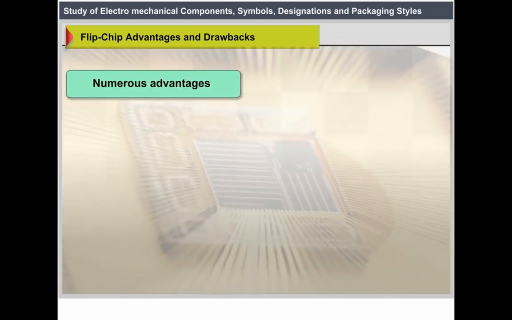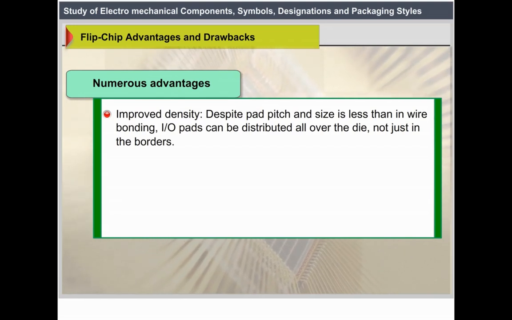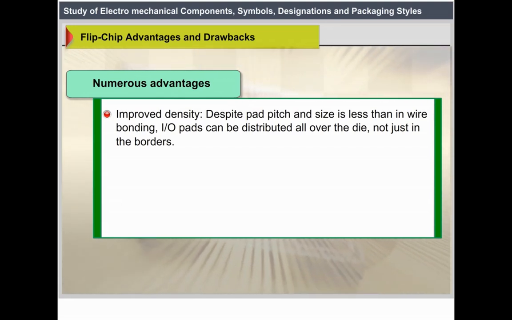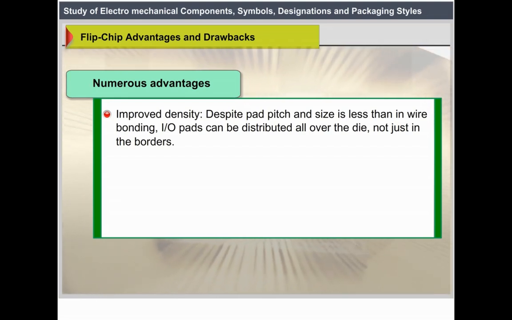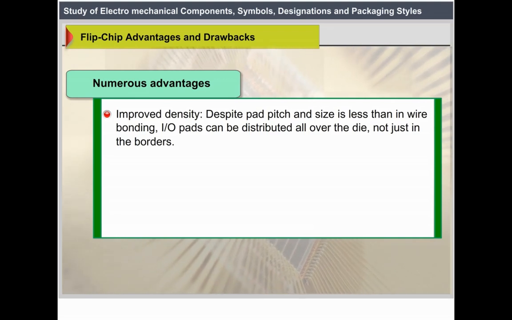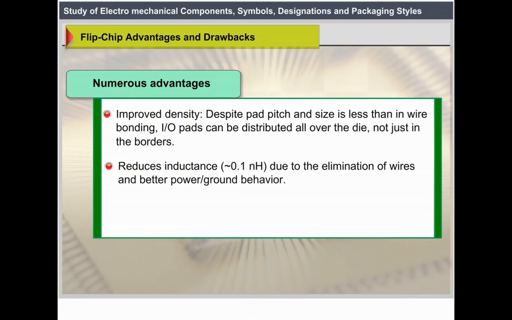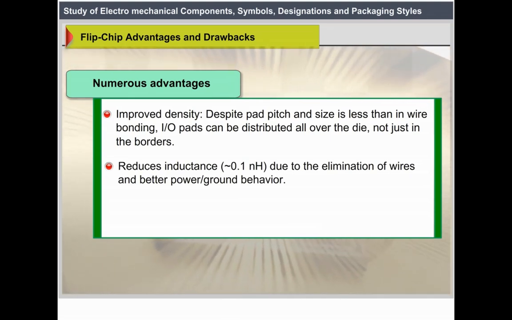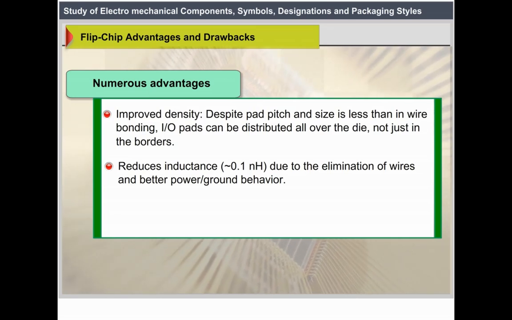Many advantages. Improved density: pad pitch and size is not better than in wire bonding, but input-output pads can be distributed all over the die, not just in the borders. Reduced inductance, approximately 0.1 nH, due to the elimination of wires and better power or ground behavior.